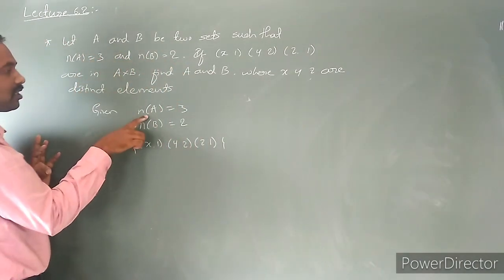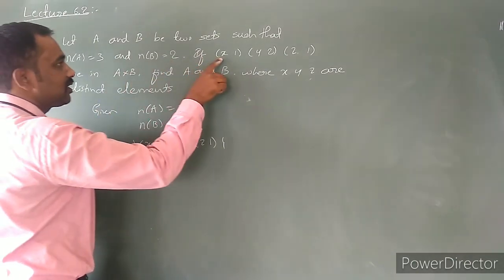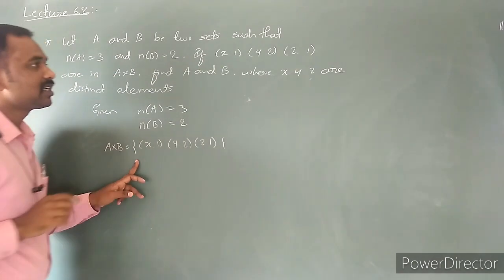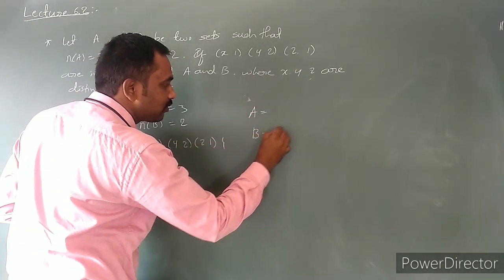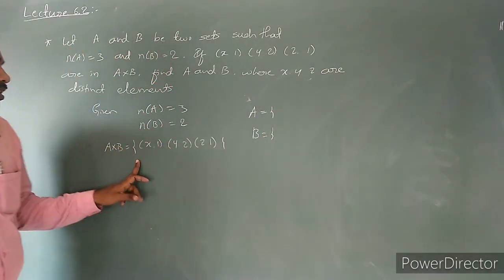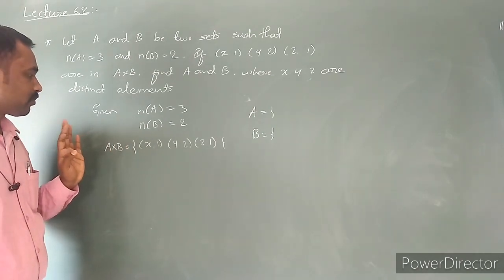Set A contains 3 elements, set B contains 2 elements, and the Cartesian product contains the ordered pairs (x, 1), (y, 2) and (z, 1). In that case, what is set A equal to and what is set B equal to? We are required to find them.